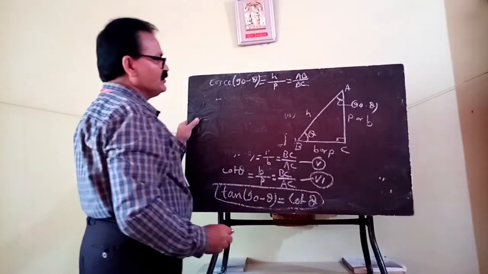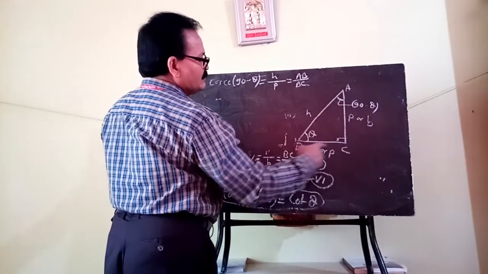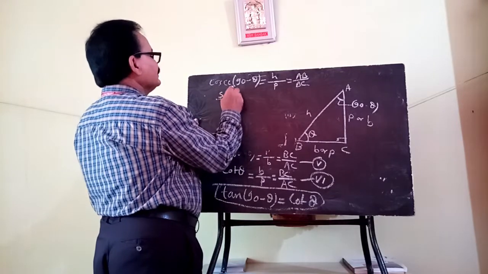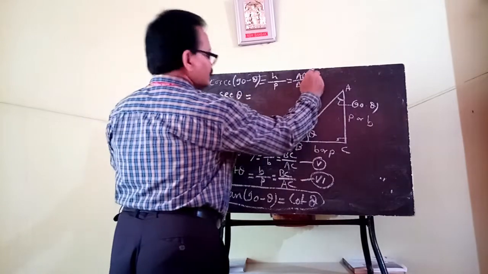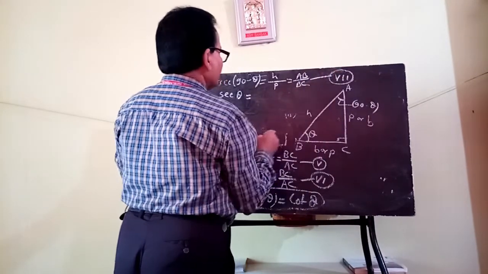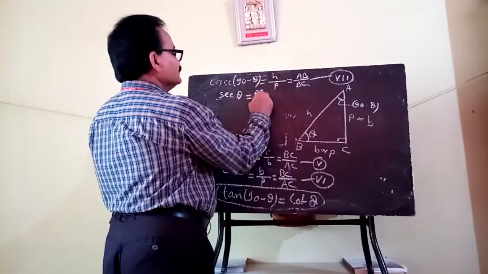If we see AB by BC, for this angle, this is your sec theta. Sec theta can be written as, say this is your 7, and sec theta is again AB by BC.